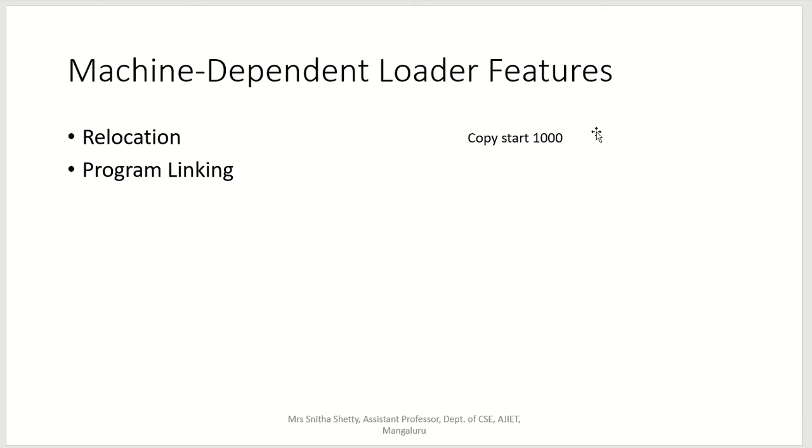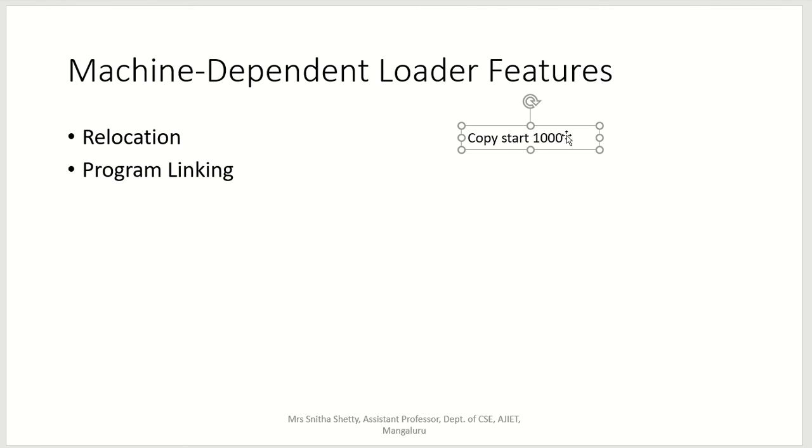But assume that during loading, the memory location 1000 is occupied by some other program. Then the loader will load this program in some other memory location where it is free. That means the address has been changed. Now it is COPY START 1000, right? So what will be the next instruction?